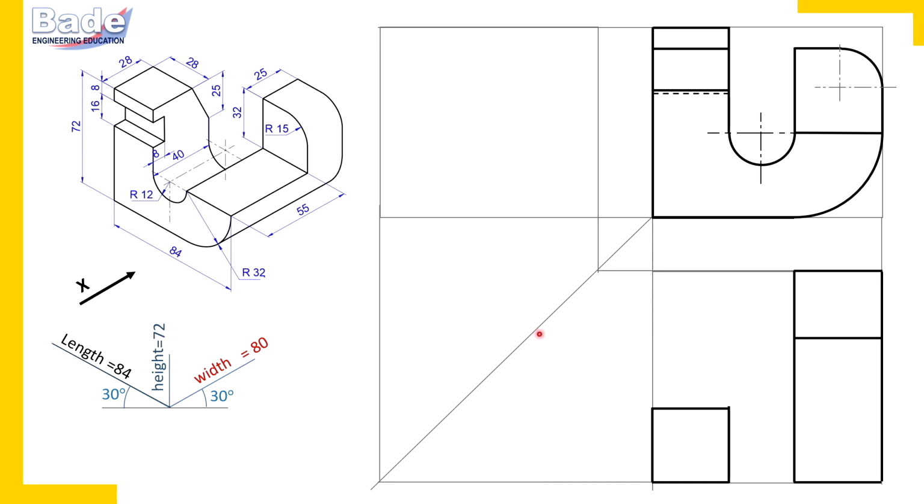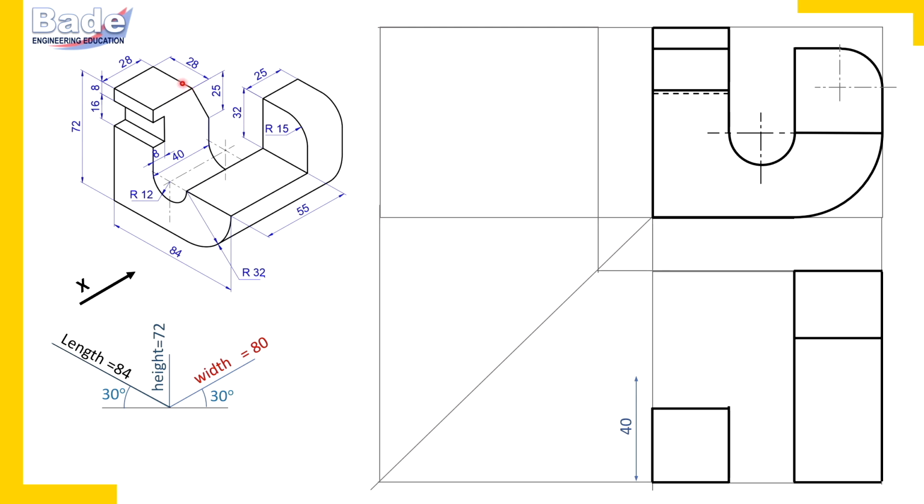Now, 40 millimeters I have measured. Why? Try to understand. There is a corner here, and from that corner there is an edge. I have explained earlier, there is an edge parallel to width. Check here.